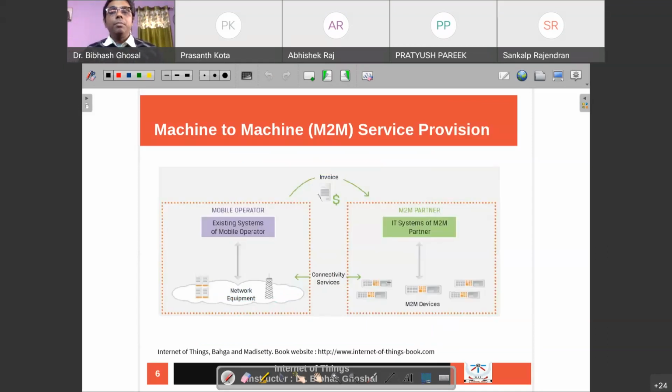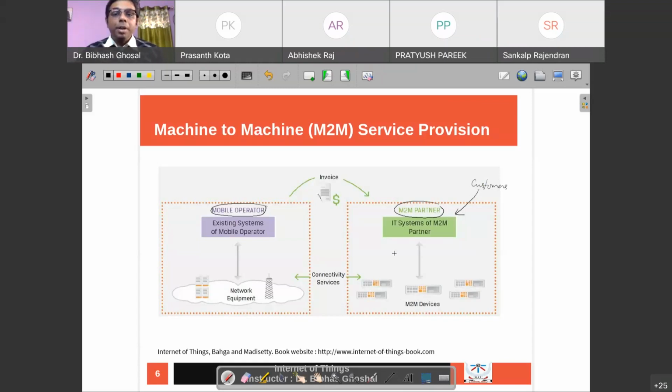So how can we make use of mobile to provide that? This is the business model that you can see. The mobile operator would provide the IP-based services, and we have an M2M partner. Here we have the customers. The customers would be requesting some services through their M2M devices.